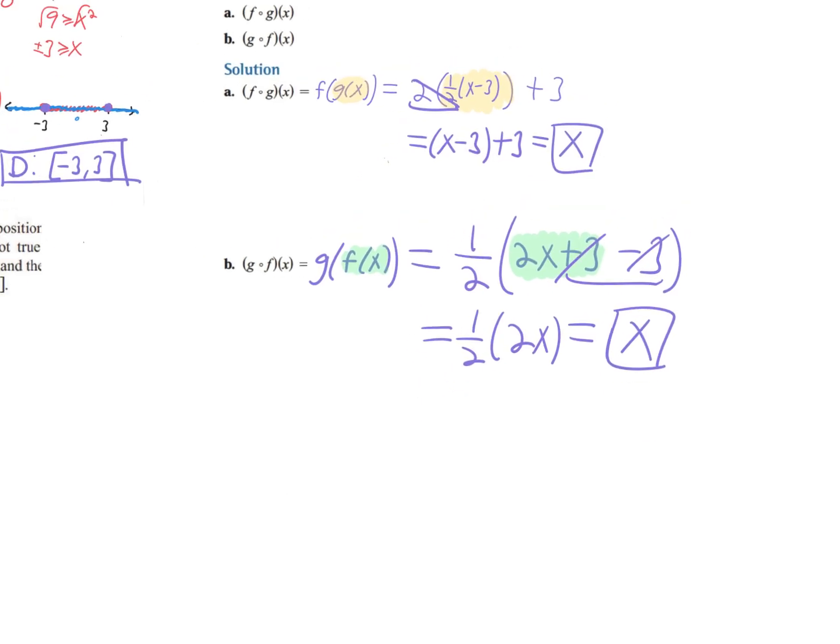So one thing to note, that's it for today, but tomorrow we're going to have to do this process again. So if you didn't get it today, we're going to do more practice tomorrow. But what you can conclude with f and g, if you get that they're both x, then you get that f and g are inverses.